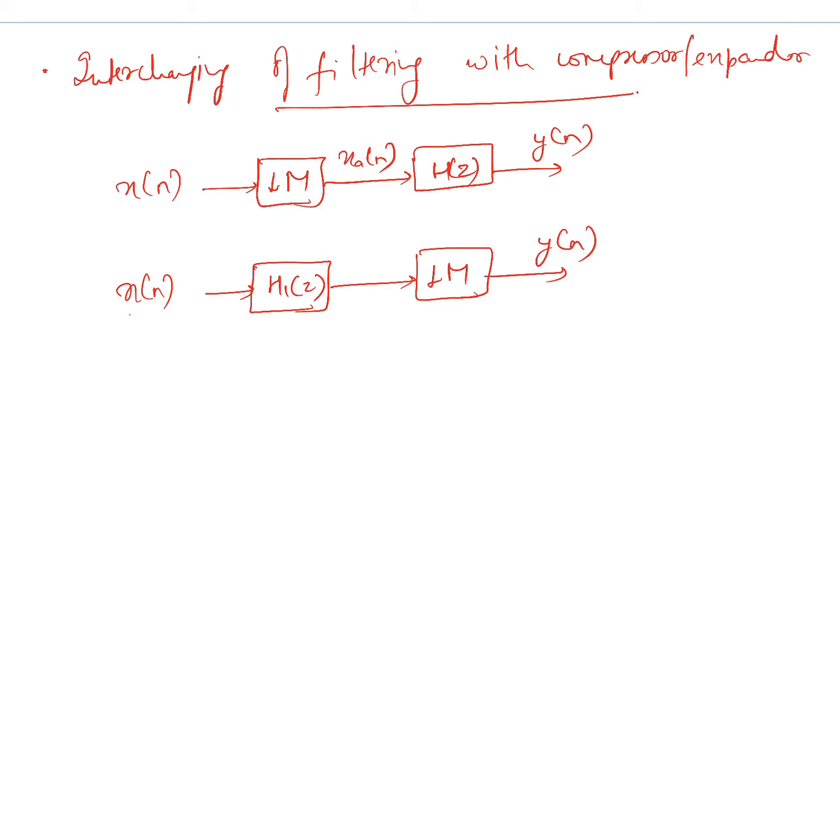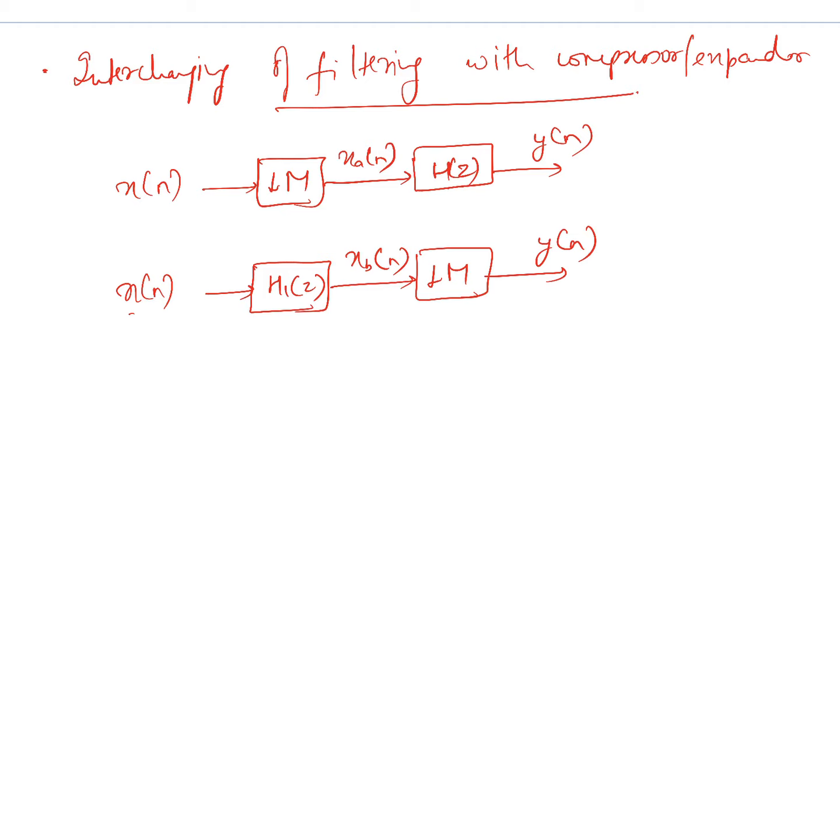So let's label the output of this h1 of z as xb of n, and we want to explore what is the relationship between h1 of z and h of z.